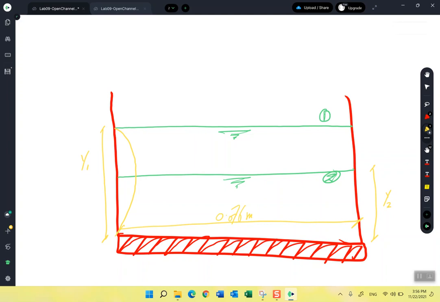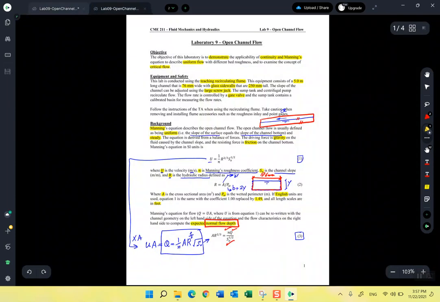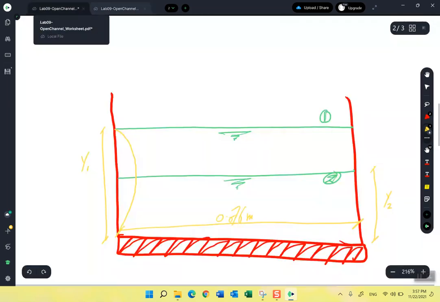But because here we have a very specific condition, it's not the same. So your answer was correct, but it wasn't accurate in our case. Great, so that was the idea that I wanted to explain.